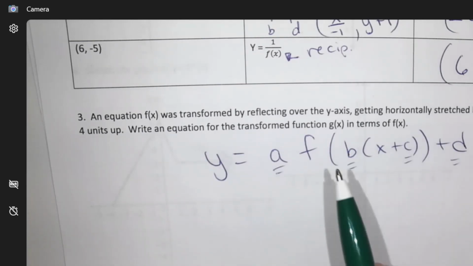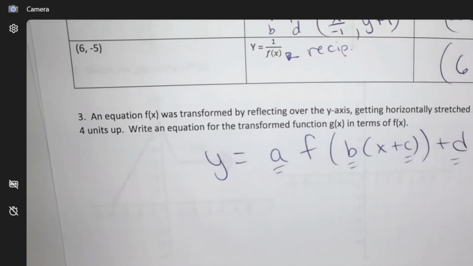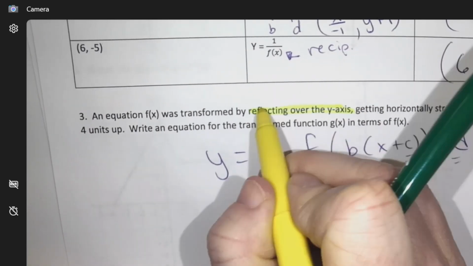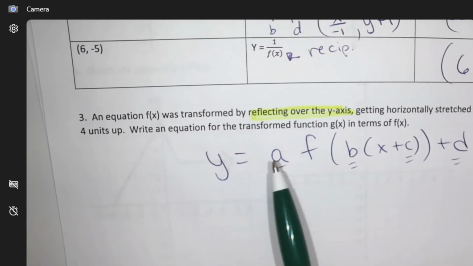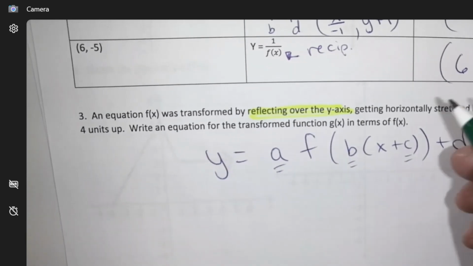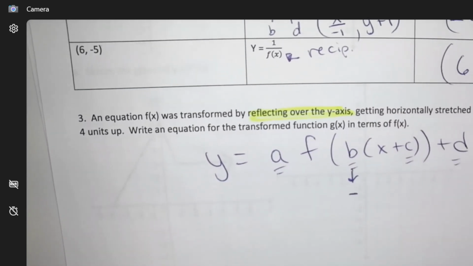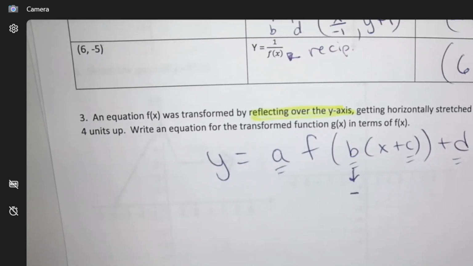We reflected over the y-axis. So we got a negative. So where are you going to put it in? The A spot or the B spot? And you reflect over the y-axis, which, A or B, negative? The B. So I'm just going to write that as a note to myself. That's going to have to be negative.